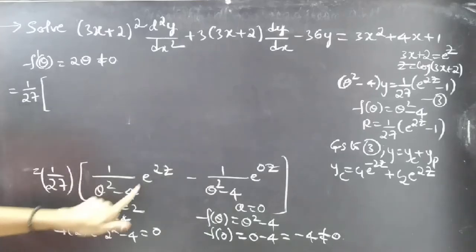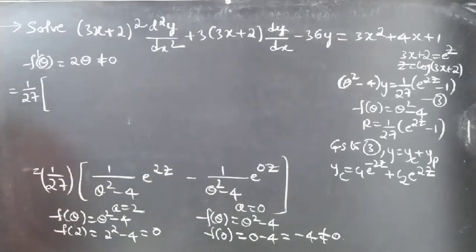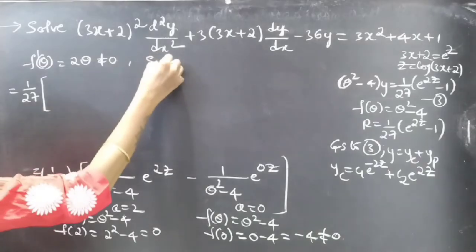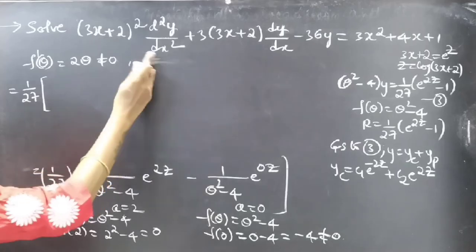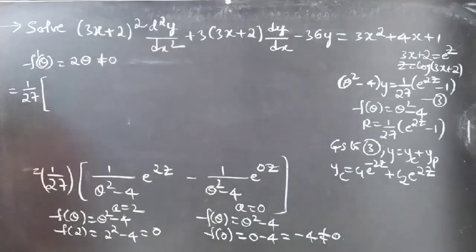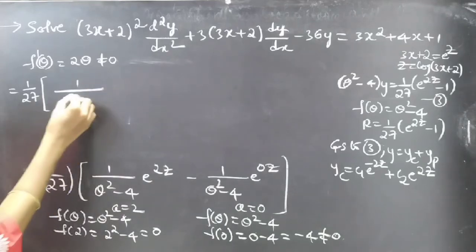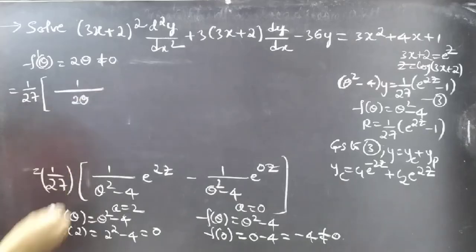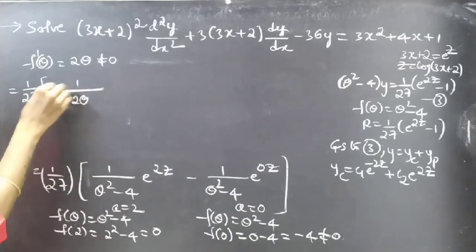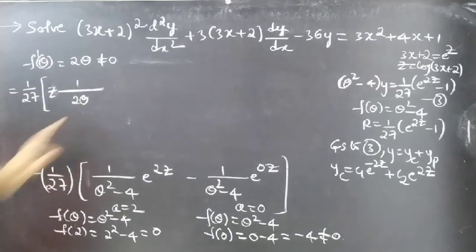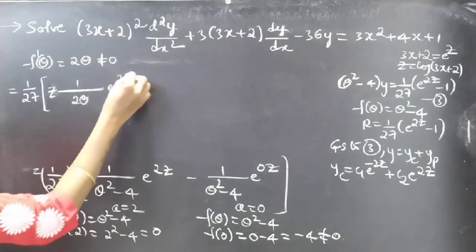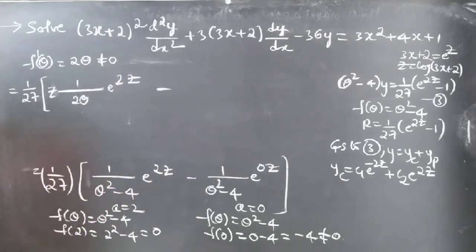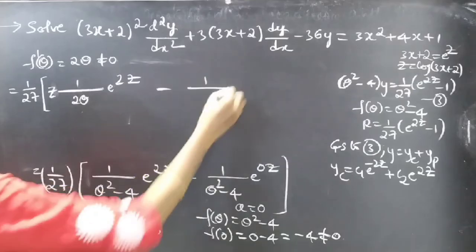This becomes 1 by 27 into 1z into 1 by 2 theta into e power 2z, minus 1 by theta square minus 4 into e power 0z.